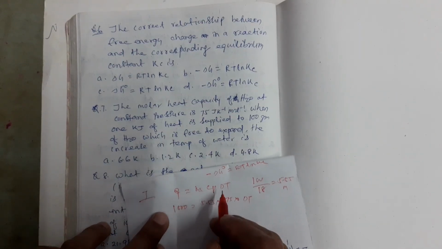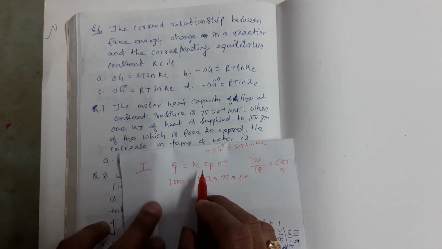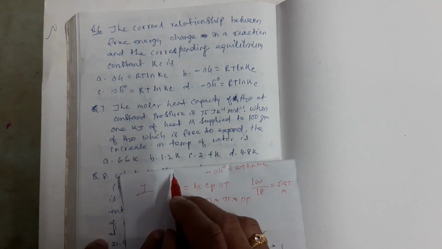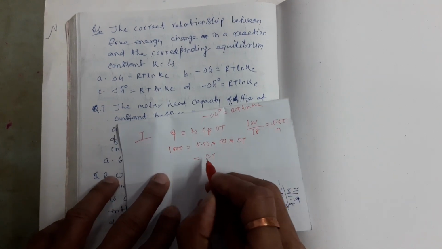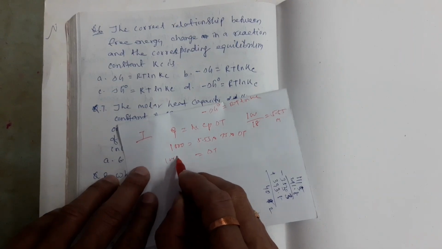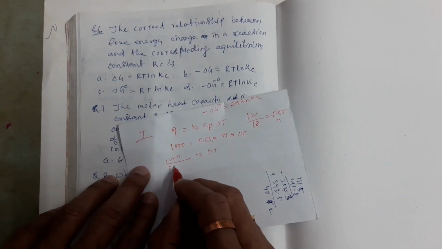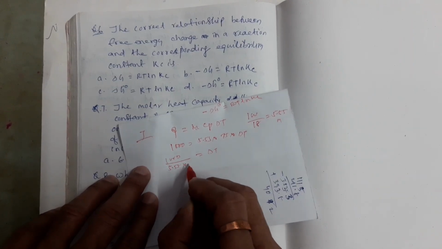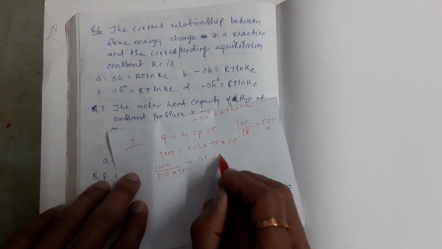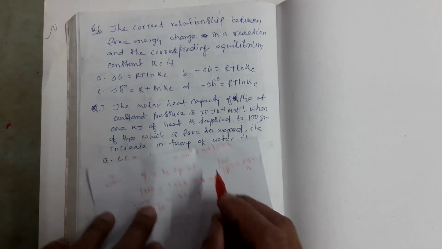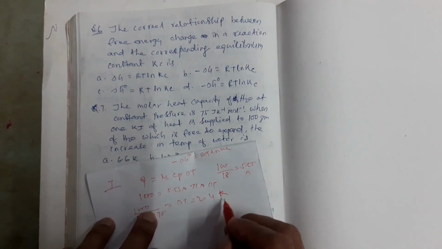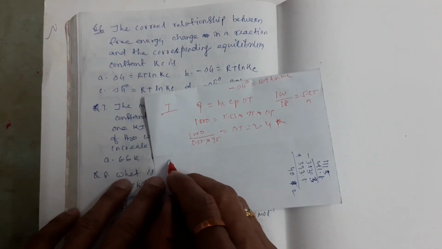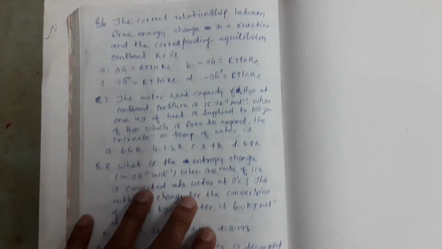By solving, ΔT is equal to 1000 divided by 5.55 multiplied by 75. You will get 2.4. This much Kelvin.